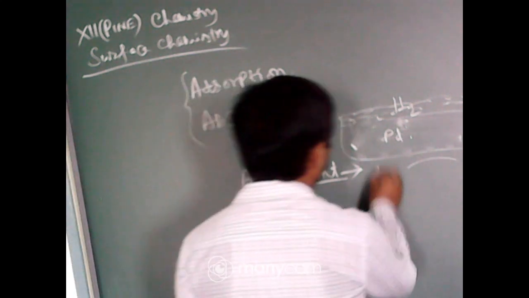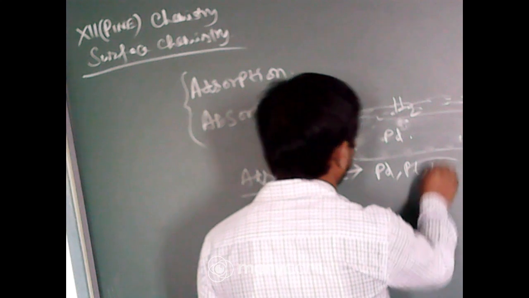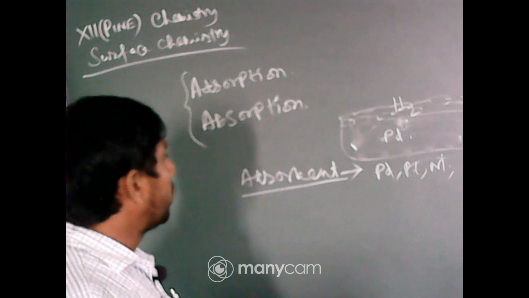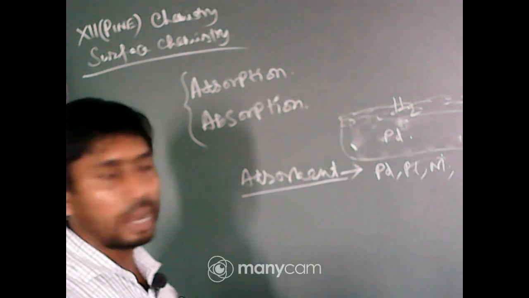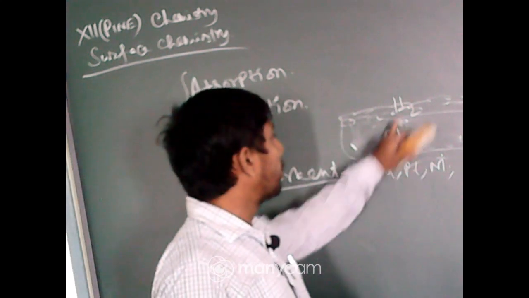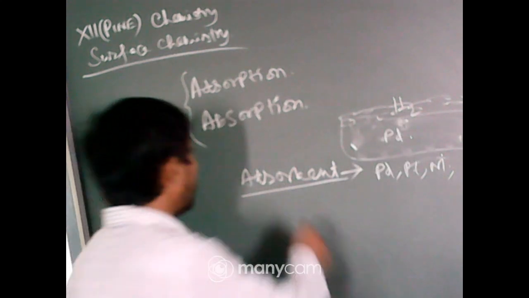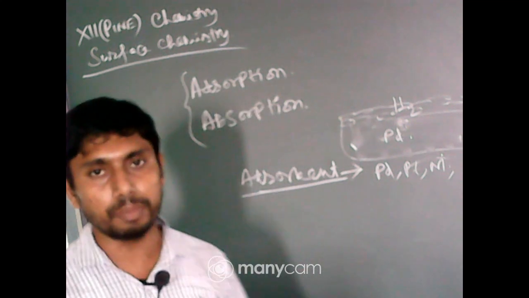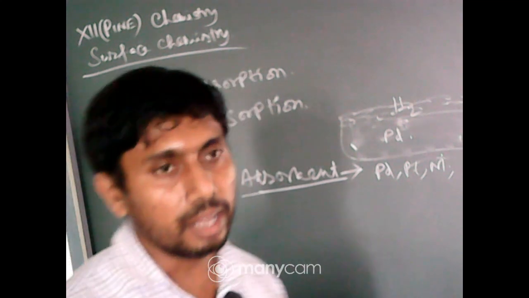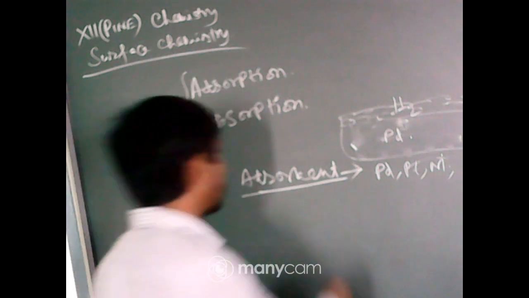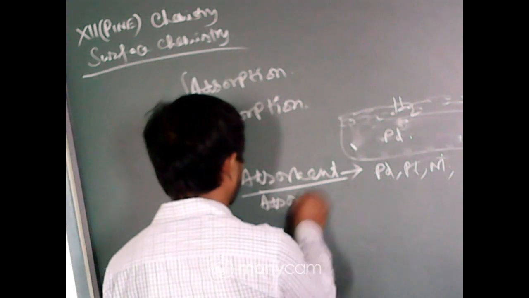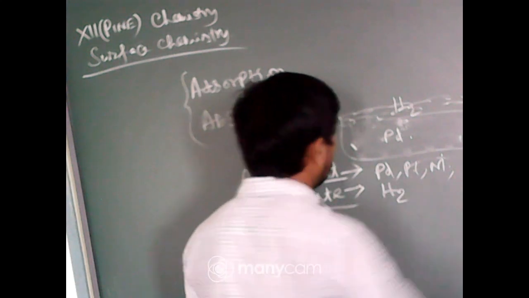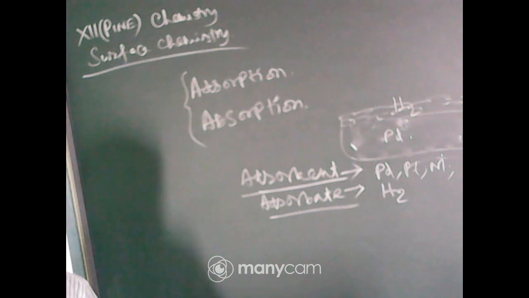Here the finely divided palladium, platinum, nickel are used to make bonds with hydrogen; these are called adsorbents. The external species which makes a bond with the adsorbent is called the adsorbate. Here it is the gaseous substance, that is hydrogen.